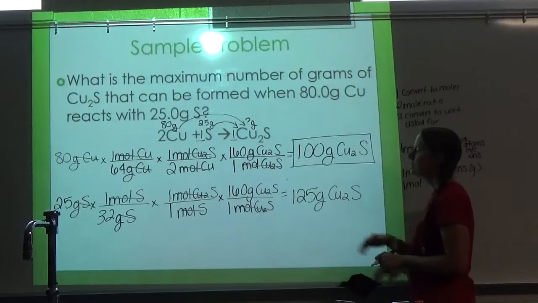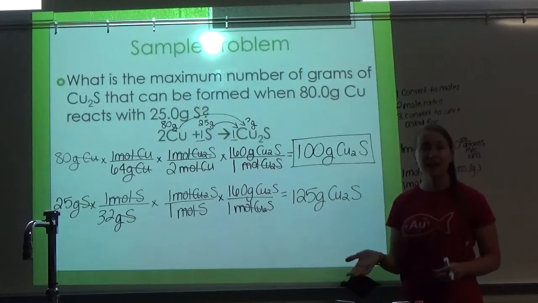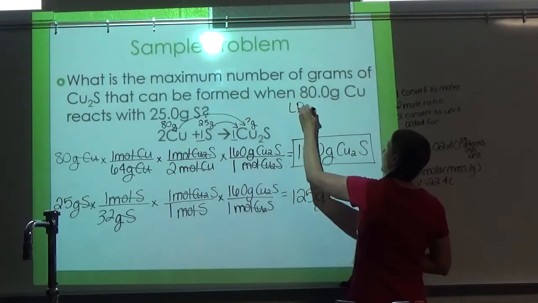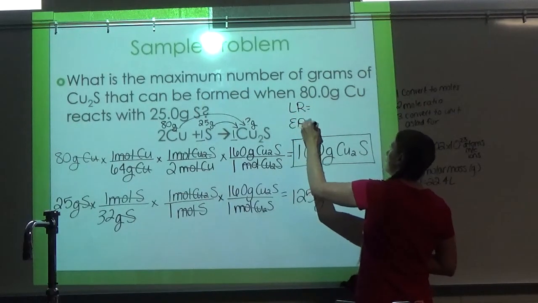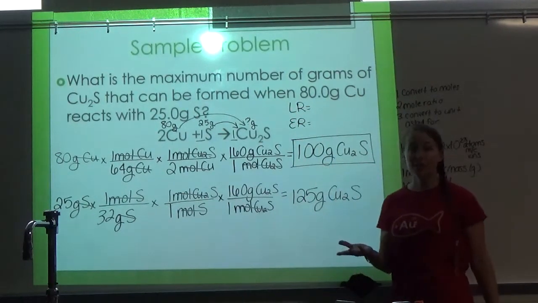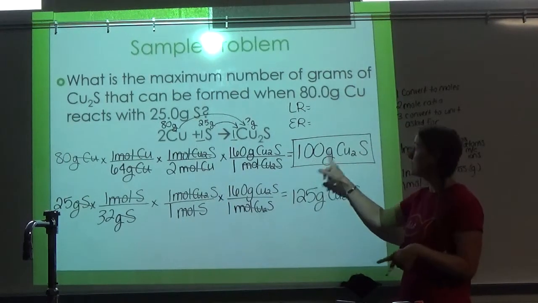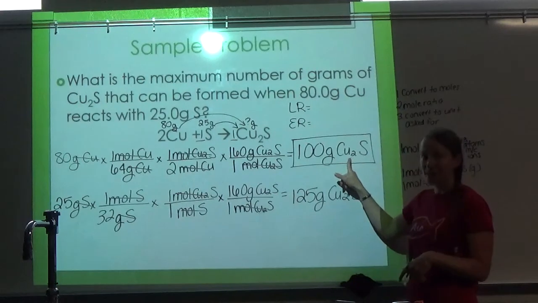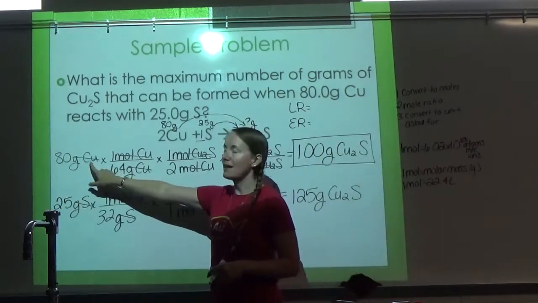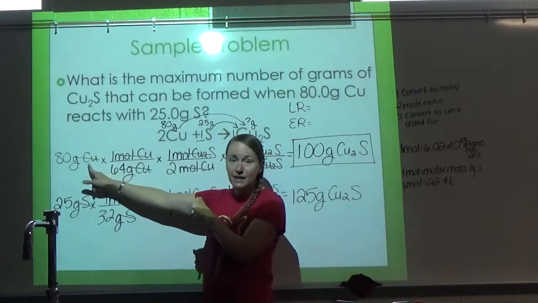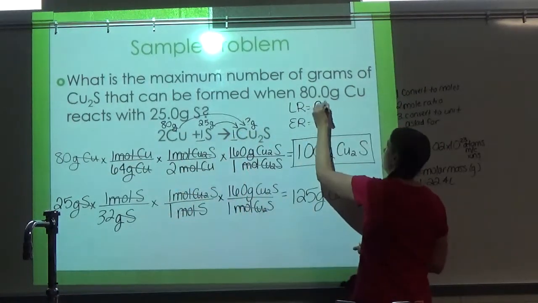Now, some of the questions will then ask you to identify the limiting reagent and the excess reagent. So I'm just going to call it LR for limiting reagent and ER for excess reagent. So this is how you do it. Whoever made the lowest is the limiting reagent. So this is not the limiting reagent, it's who made that. So you find the smallest one and go back to the beginning. So copper is the limiting reagent.